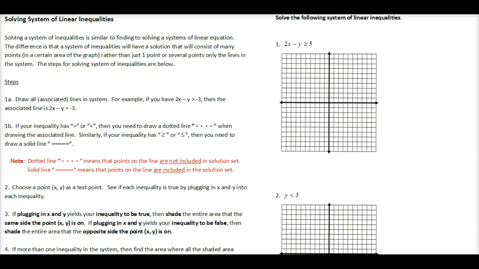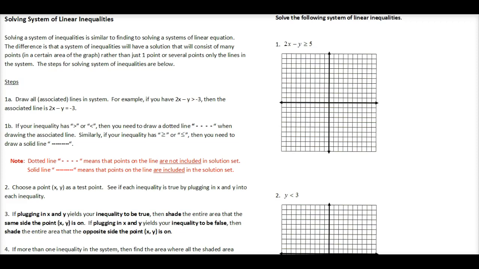If we have greater than or equal to or less than or equal to, we need to draw a solid line. The dotted line means that we cannot include points that are on the line as part of the solution, whereas the solid line tells us that we can include those points as part of the solution.